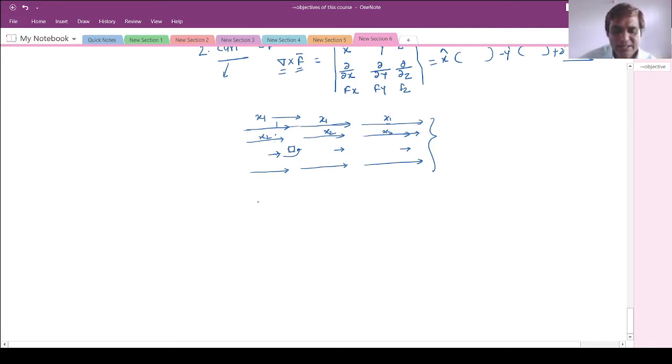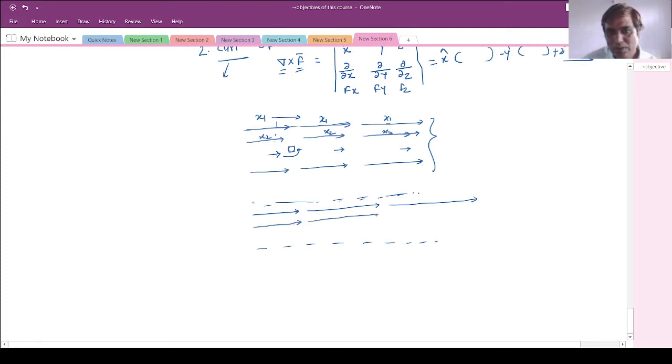Regarding the divergence operation, suppose I have a field like this, suppose the flow of fluid is something like this, and I have the vector quantities represented like this with different magnitudes in x, whereas the y magnitude is the same.